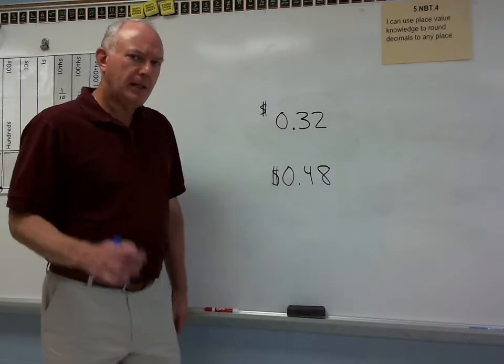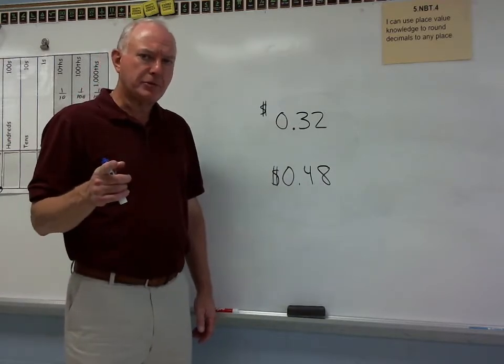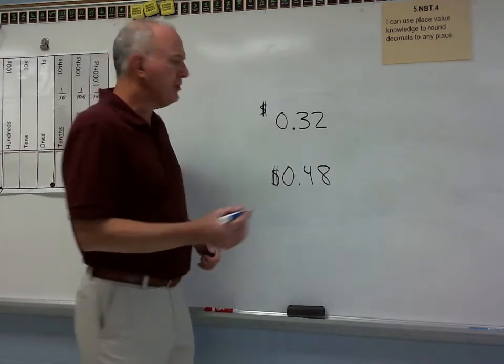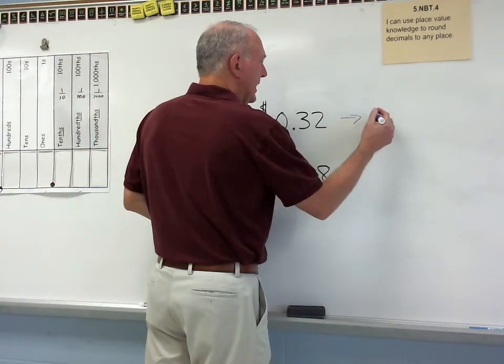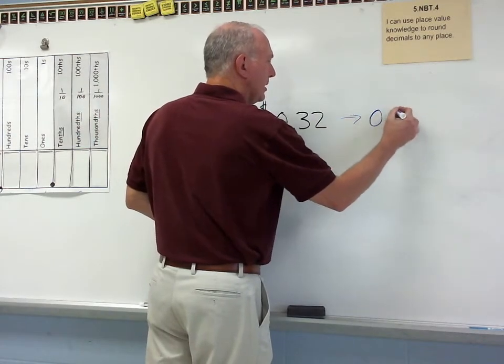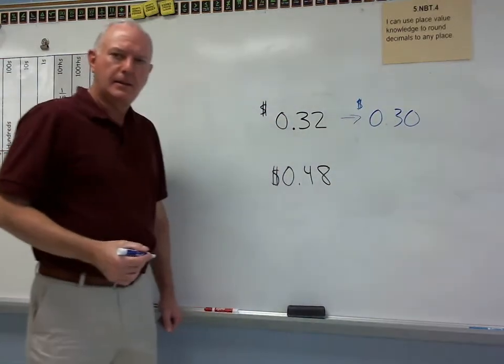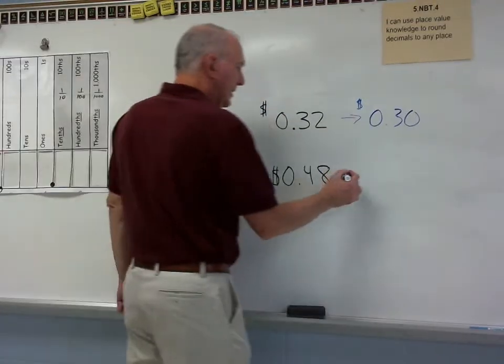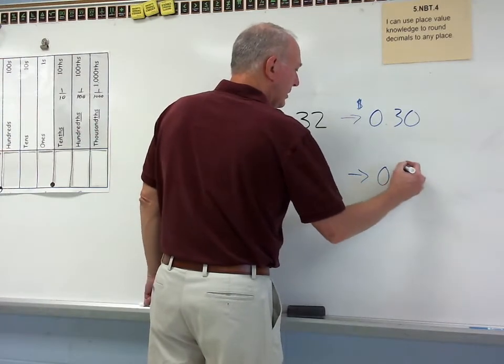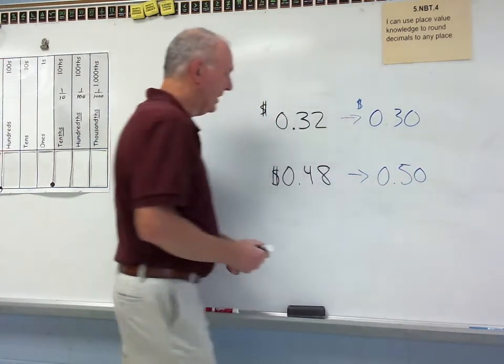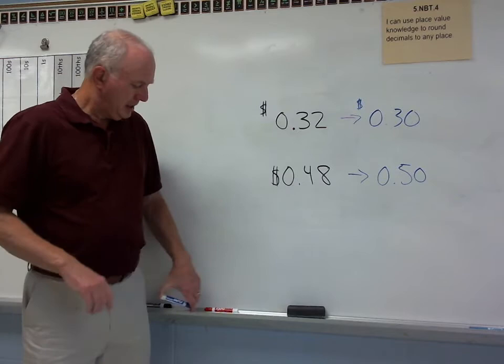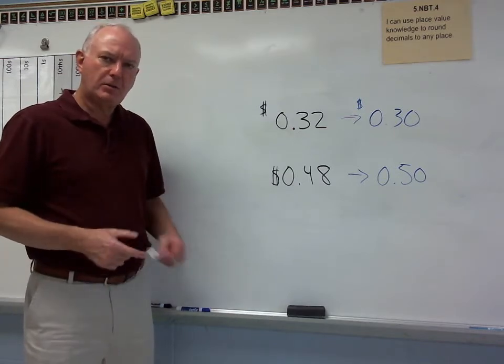Now, let's look at these examples real quickly. Because for the first one, I said about 30 cents. And the second one, I said about 50 cents. Do you see a little bit of difference between these two?